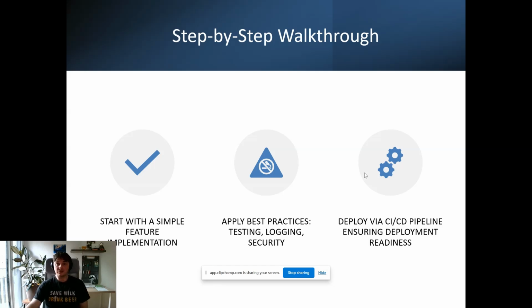What is my recommendation for that walkthrough and how to get to production ready code quality? First you start very simple and implement whatever is needed for your feature as quickly as possible with as easy a solution to understand as possible. Then you need to apply the best practices to have it tested, have it logged, and have the security checks in place.